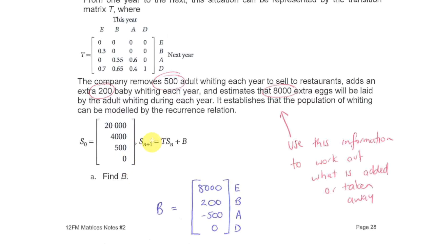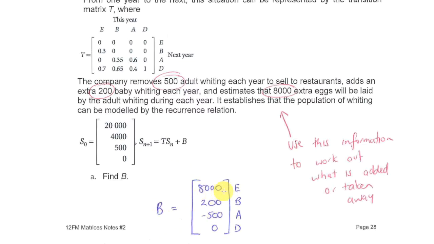We've got this S of n plus 1 matrix is equal to the transition matrix, which is this, multiplied by the status immediately before it, so we denote that as being Sn, plus the culling restocking matrix. Our first job is to define this culling restocking.